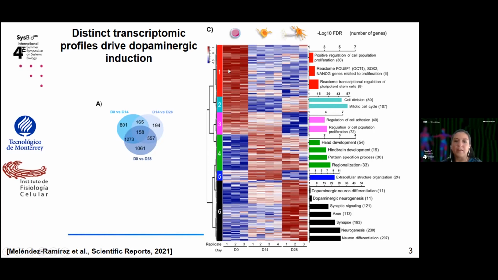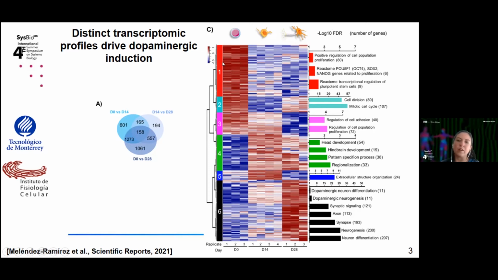The red color means that genes are highly expressed. These genes are highly expressed at day 0, that means when the cells are still pluripotent, and when they differentiate, these genes become downregulated. So the gene set enrichment of these genes is pointing to pluripotency.